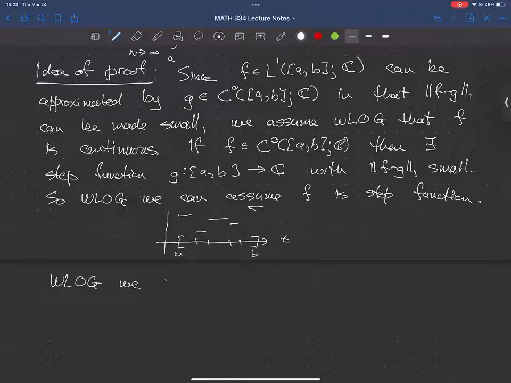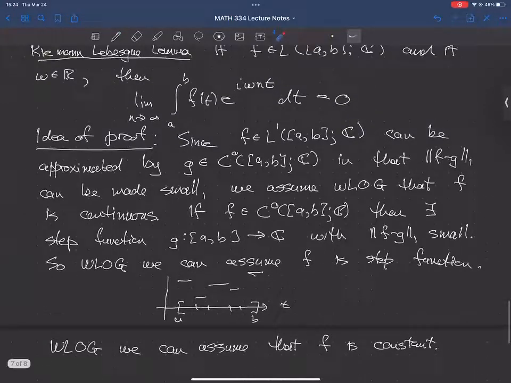And so therefore, without loss of generality, we can assume that f is constant. So what I've done is, by a series of reductions, I've restricted myself to the case of proving the lemma when f is a constant function.